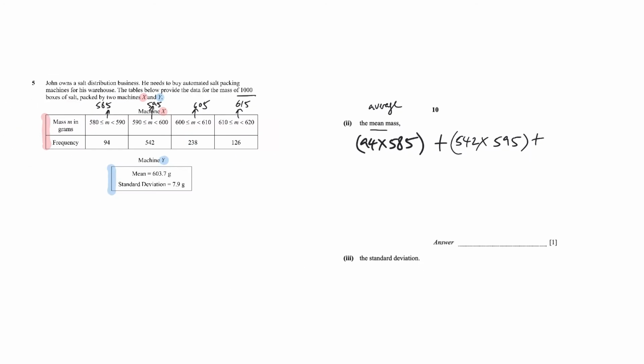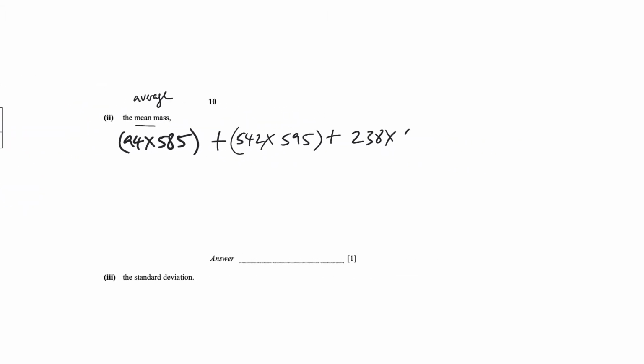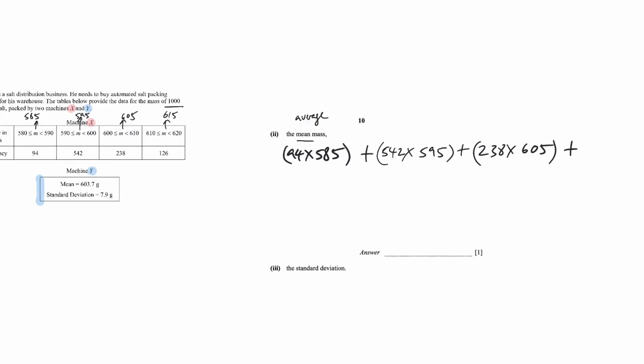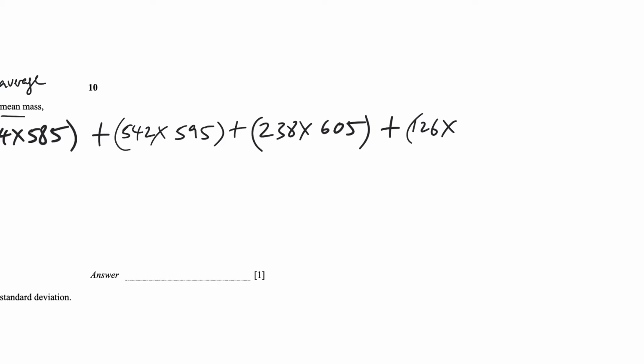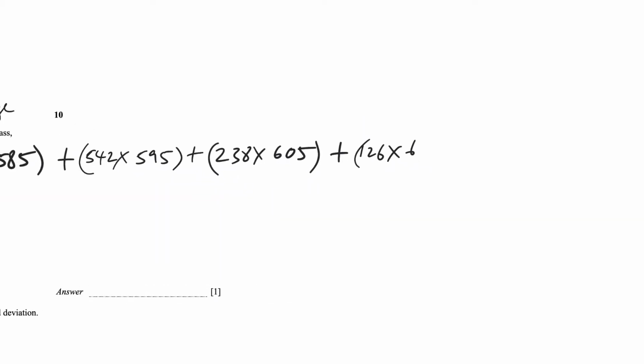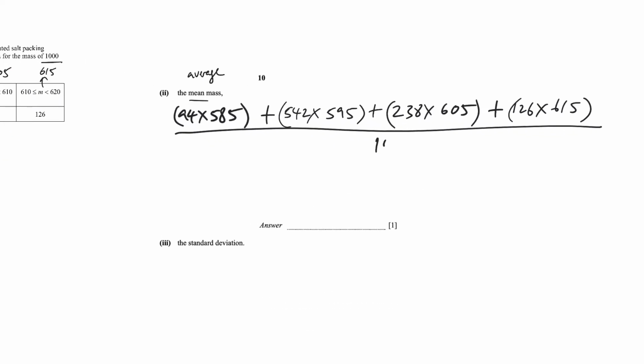Then 238 multiplied by 605. And then 126 multiplied by 615. If you key all of that in, it's like finding the total mass, and then we divide by the number of boxes, which is 1,000. That will give us 598.96. We can leave it as exact, and I believe it's grams.